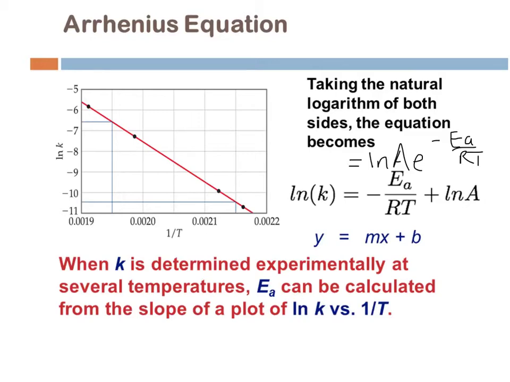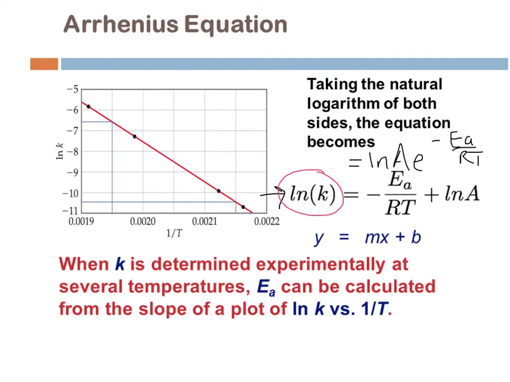If we simplify this using our log rules, we'd have ln of A plus ln of e to the negative Ea over RT. And then that simplifies to ln K is equal to negative Ea over RT plus ln of A. This represents a straight line equation.